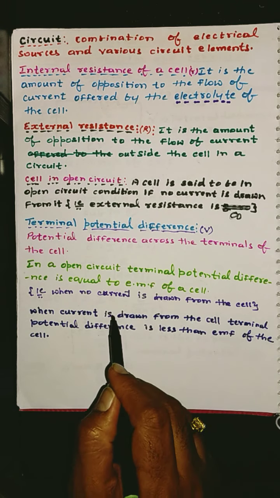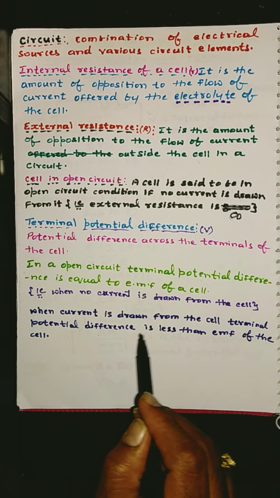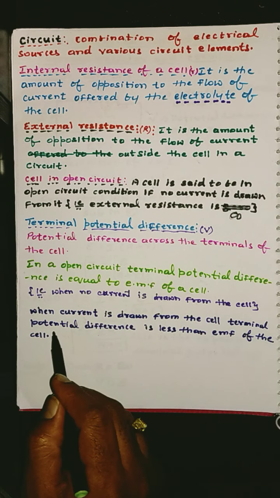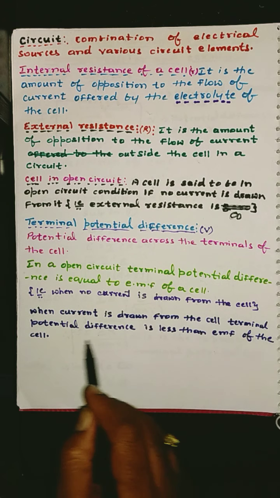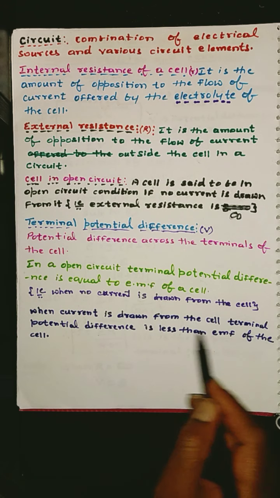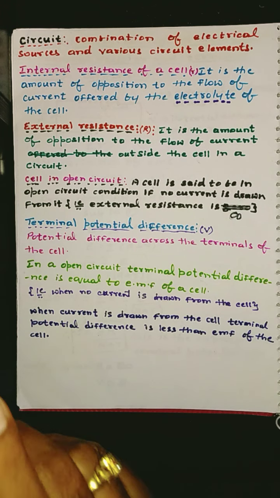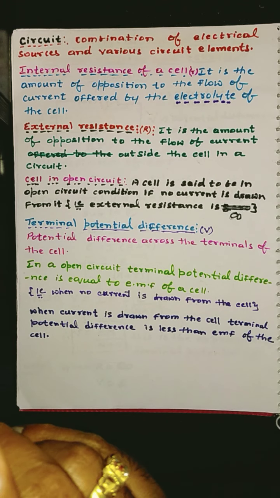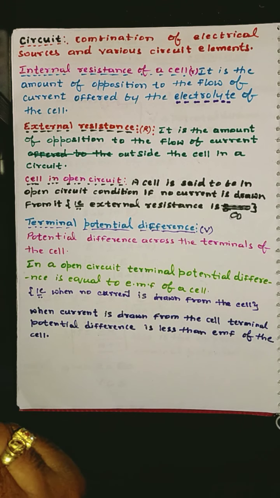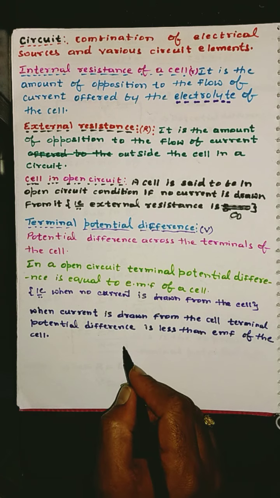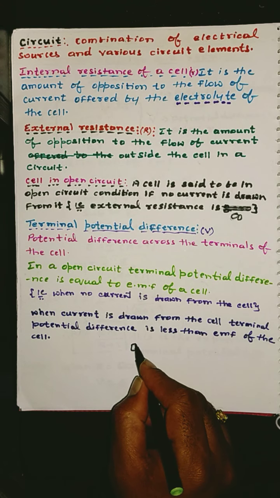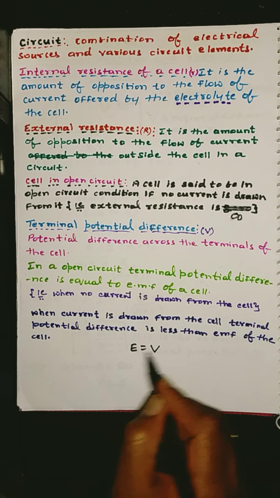But when the circuit is closed, when the current is flowing through the circuit, the terminal potential difference will be less than the EMF of the cell. Remember, only when the circuit is in open circuit condition, EMF of the cell will be equal to terminal potential difference.